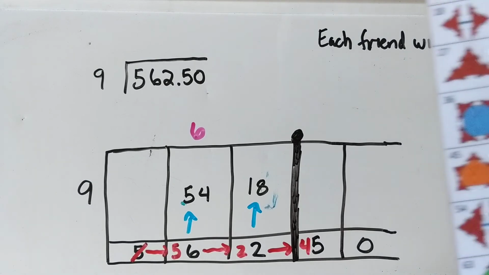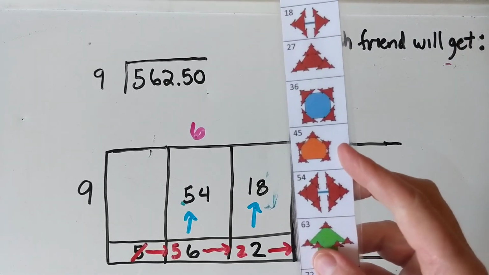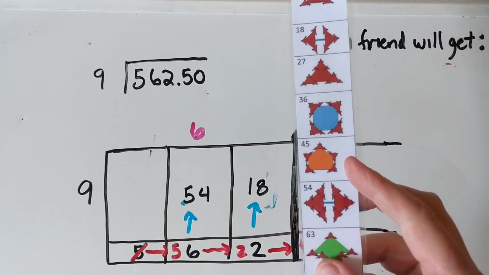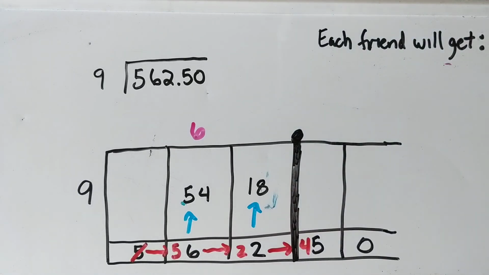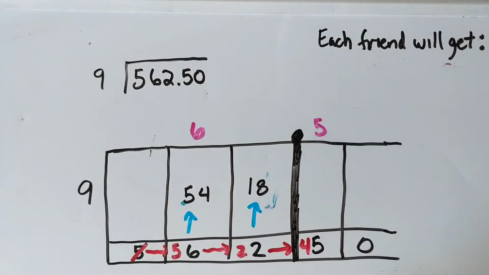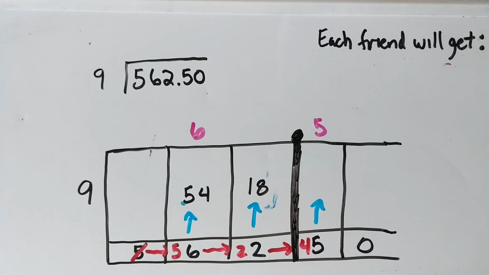Okay, and let's say I'm not sure. So I go here and I look at 5 groups of 9 is 45. Okay, so I'm going to put that up here. So 5, and I'm going to take all of that 45.